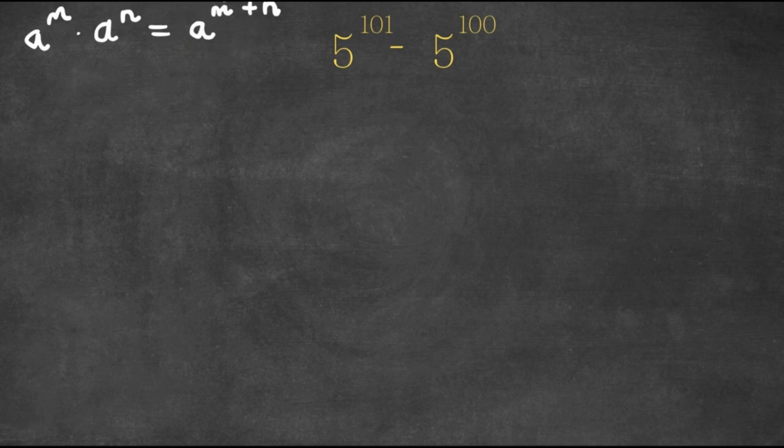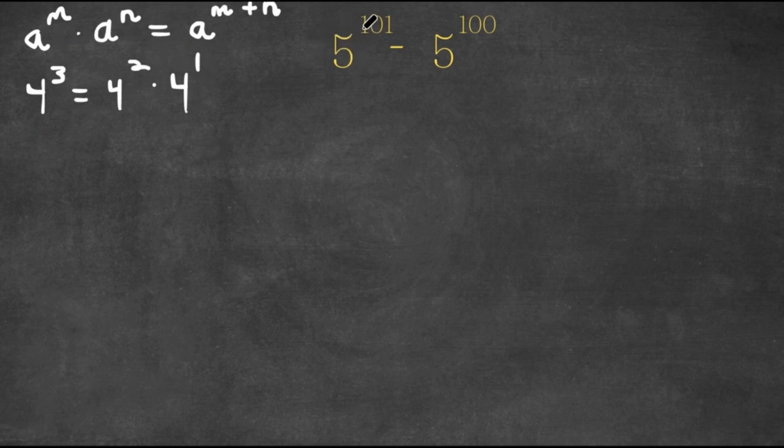If we have something in the form a to the power of m plus n, this can be written as a to the power of m times a to the power of n. So let's say we have 4 to the power of 3, right? And this means this can be written as 4 squared times 4 to the power of 1. Because when you multiply these two, the exponents add up, and 2 plus 1 adds up to 3.